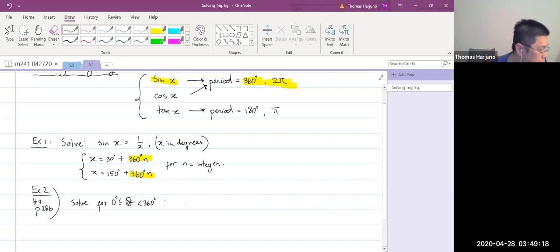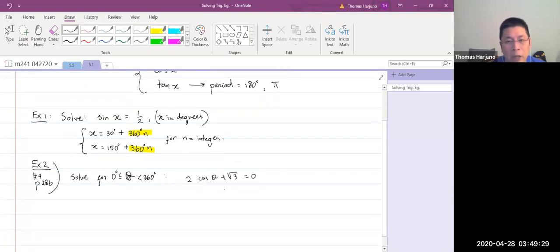I have 2 cosine theta plus square root of 3 equals to 0. So I isolate the cosine theta first. Cosine theta equals to negative radical 3 over 2. Okay, now before I go on, I ask myself, what is the reference angle?